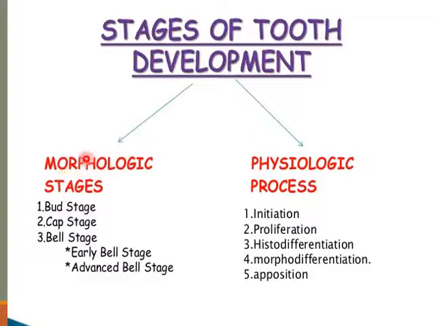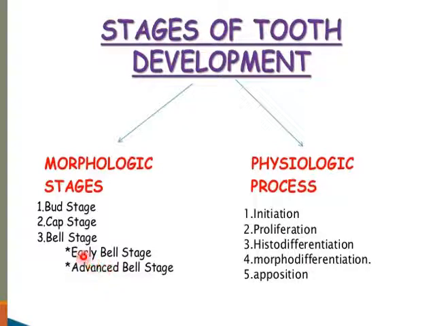So the morphological stages include the bud stage, when the enamel organ is like a bud; the cup stage, when the enamel organ is like a cup; and the bell stage, when the enamel organ is bell-shaped. The bell stage has two subdivisions, early bell stage and advanced or late bell stage. Early and advanced are differentiated by the formation of hard tissue like enamel and dentine.